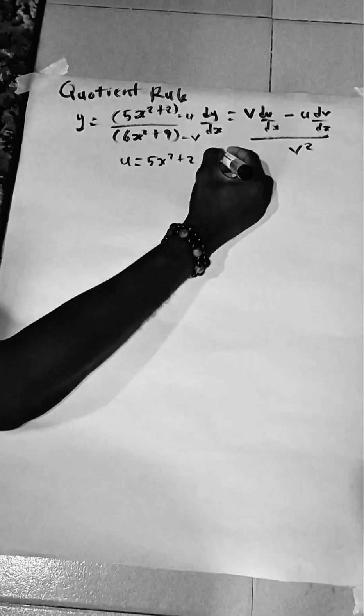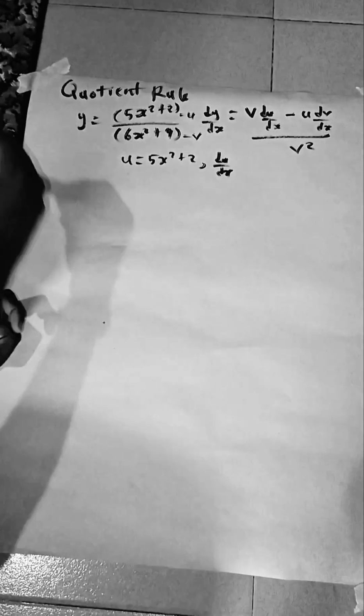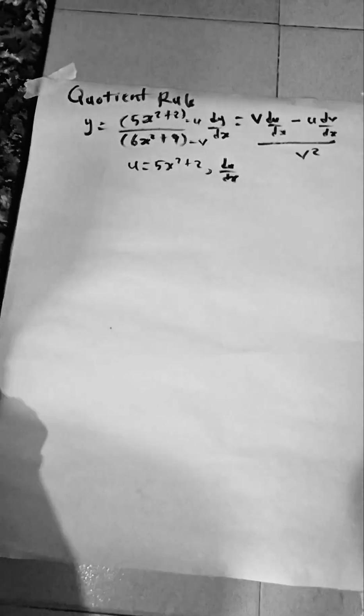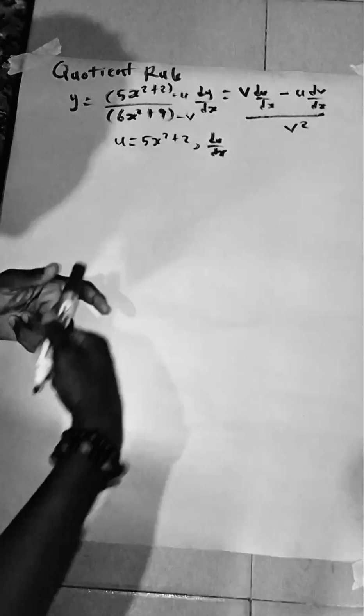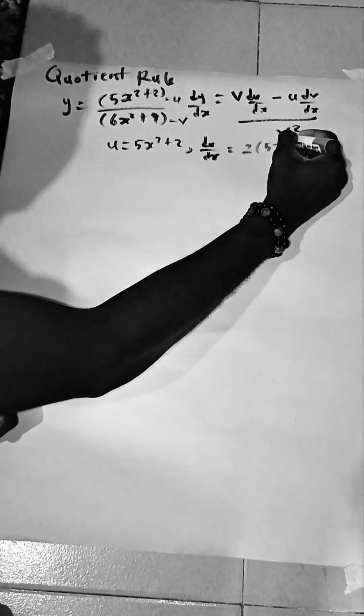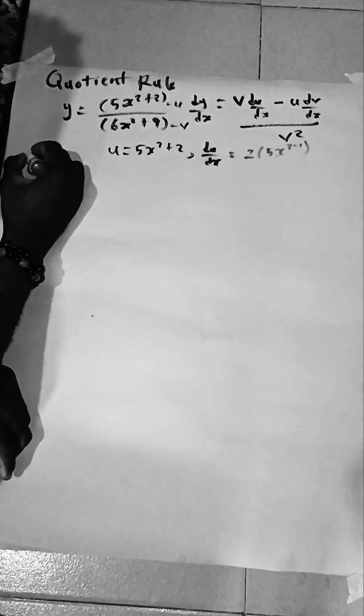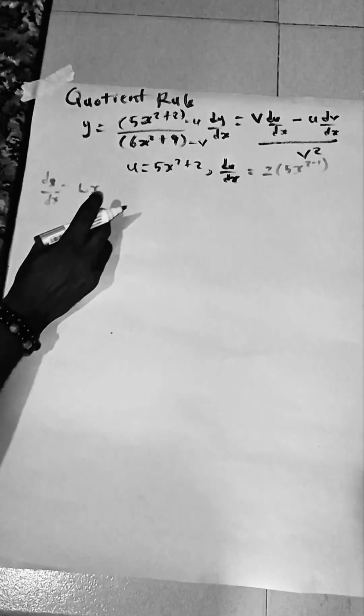So du by dx is equal to 2 times 5x raised to the power 2 minus 1, and the derivative of any constant is just 0. So our du by dx is just equal to 10x, right?